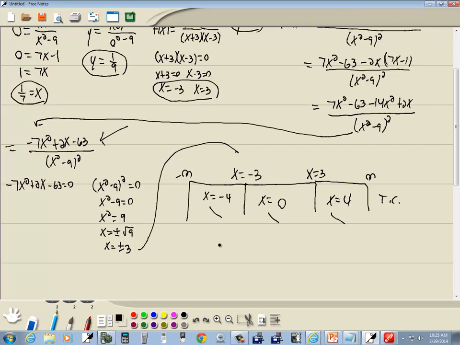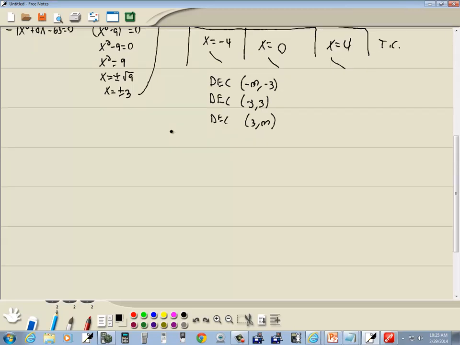Which means there's no mins and maxes. So it's decreasing from negative infinity to negative 3, decreasing from negative 3 to 3, and then it's decreasing from 3 on. That makes me wonder if I didn't do something wrong, but let's see.